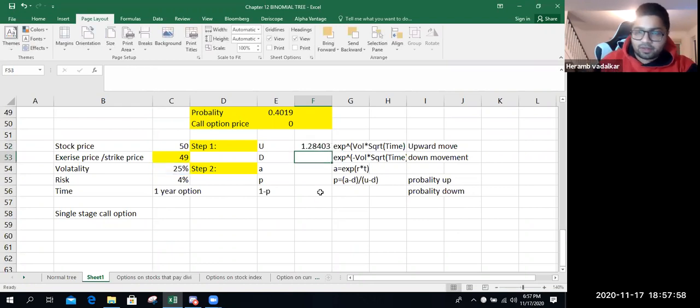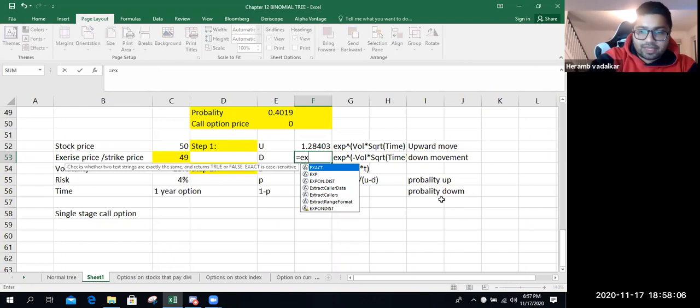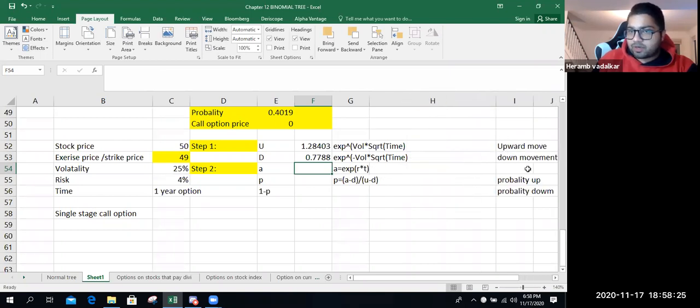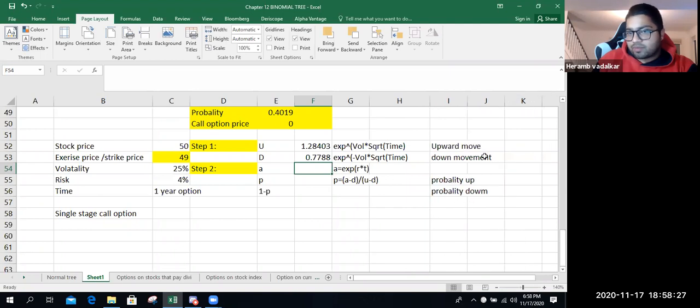Then D is calculated as exponential negative volatility times square root of 1. So we know U, we know D. U is upward move, D is downward move.